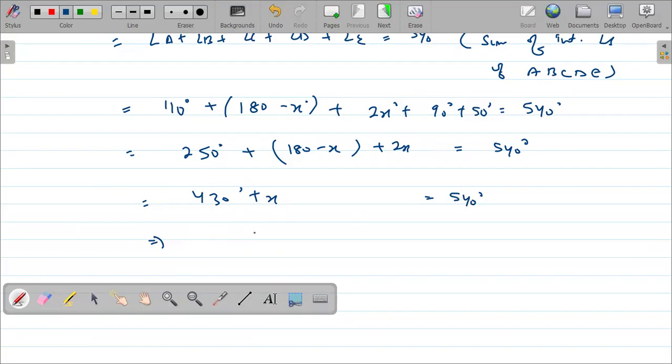So x equals 540 minus 430, that is x is 110 degrees. So it was all about the second part.